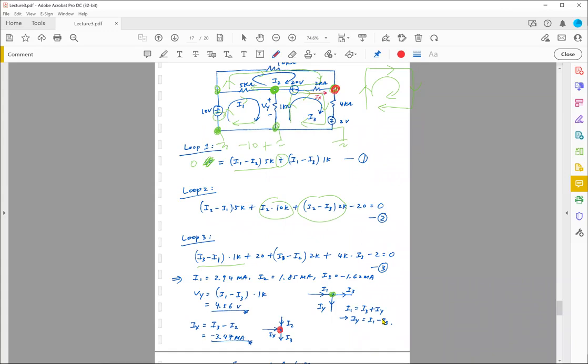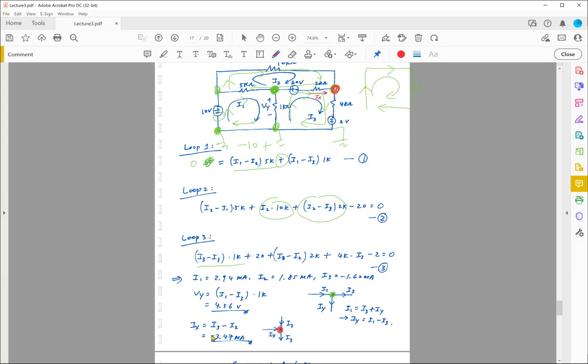Interestingly enough, Ix is a negative number. And what does that tell you? Well, I assumed this current going from left to right is my Ix.